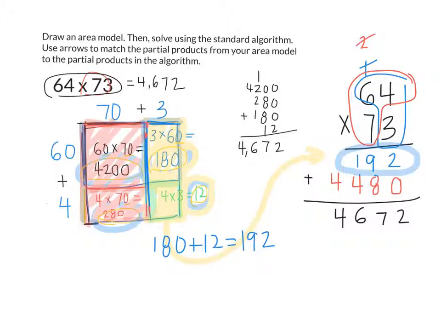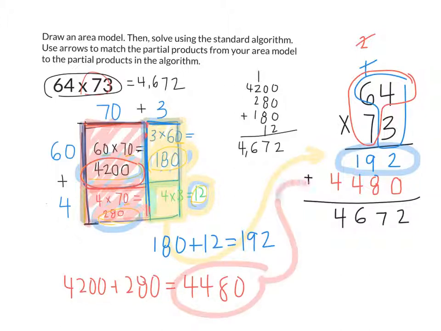So if we took those partial products, 4,200 plus 280, what would we get? 4,480. Hey, isn't that the partial product right there? So that's where the partial products are. So when it says to draw arrows, what you need to do is show that you're adding 180 plus 12 to get 192, and then draw that arrow, and then 4,200 plus 280 to get 4,480.